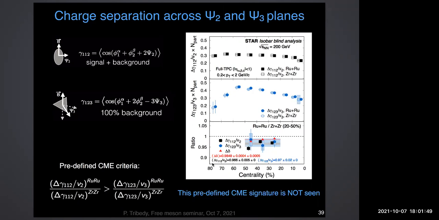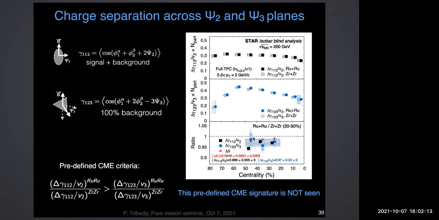But look at this plot here, the ratio. I am showing only 20 to 50% centrality. So the black is the result for charge separation with respect to the second order plane. The second order plane is correlated to the magnetic field. This is the average, the gray band. The blue is with respect to the third order plane.